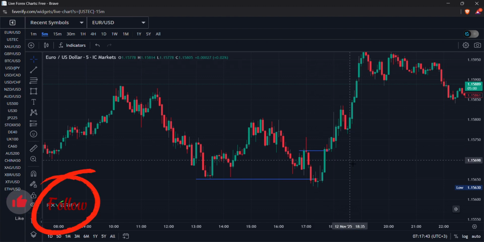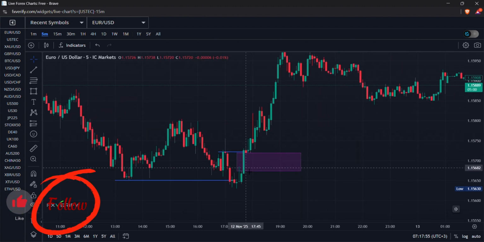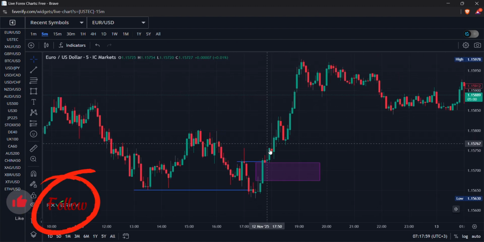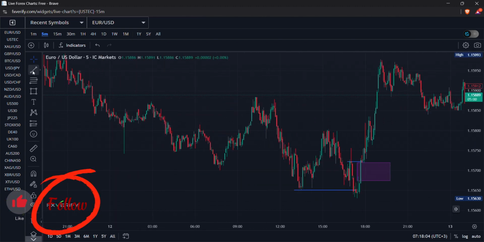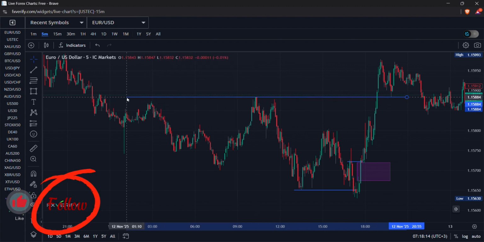I usually love to anticipate buys at this zone here. There was no retracement to this fair value gap, but with this trade I might be getting in, aiming for this high here, since there are some relative equal highs present at this zone.